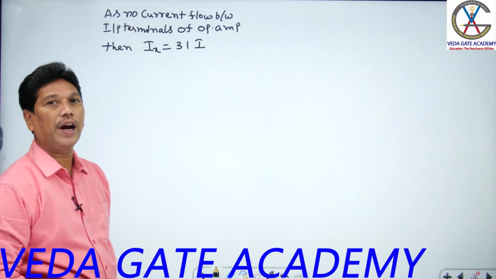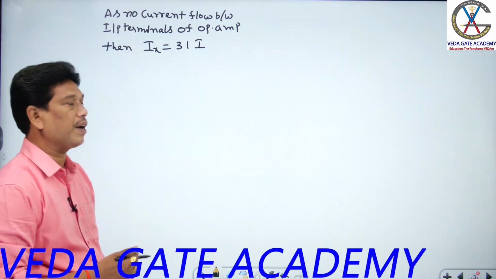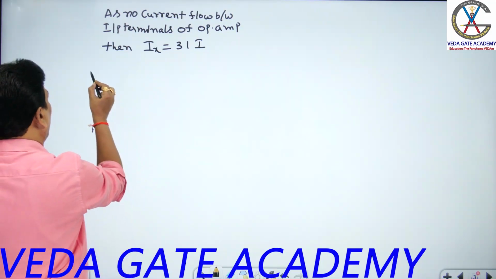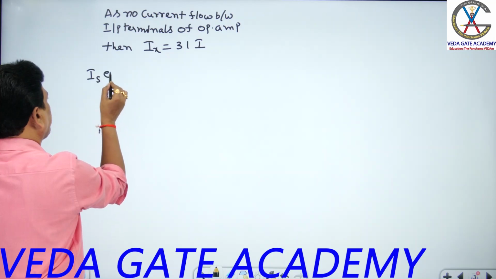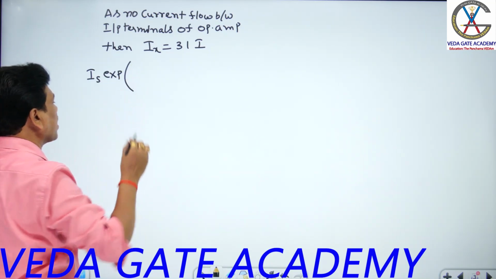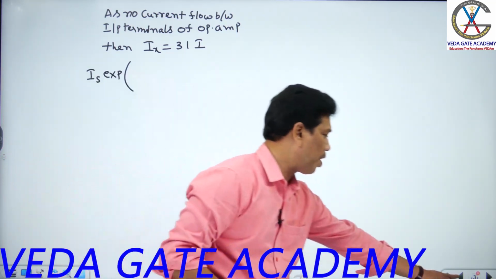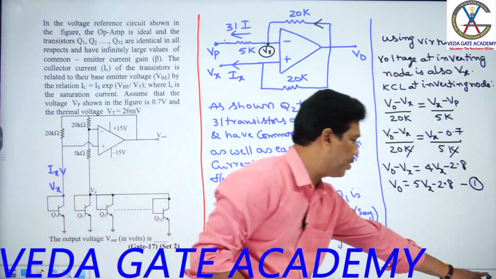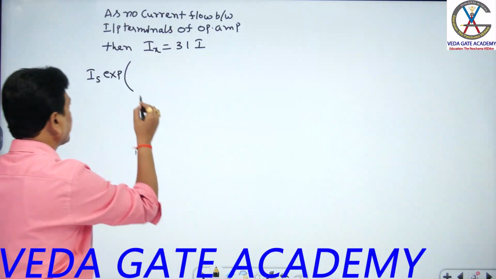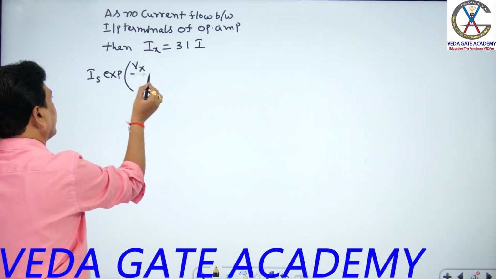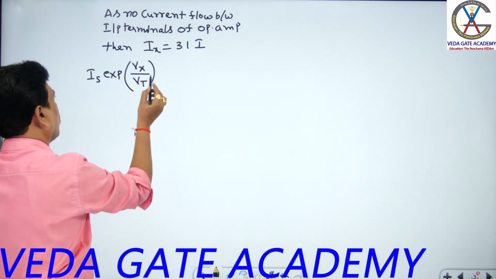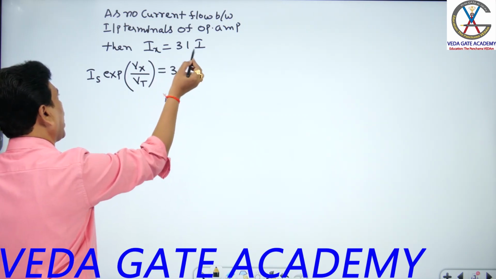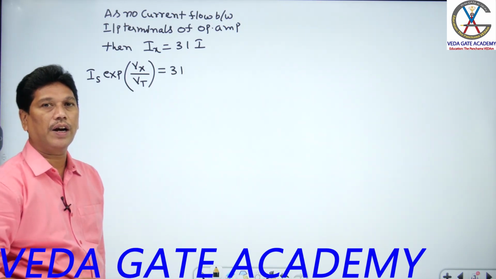Now I can rewrite this using the Shockley equation given. Is into exponential of VBE for transistor Q1, where VB equals VC equals Vx, divided by Vt, equals 31 into I. Here I is the collector current of each transistor.